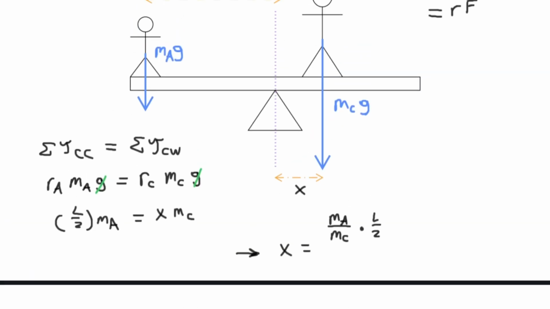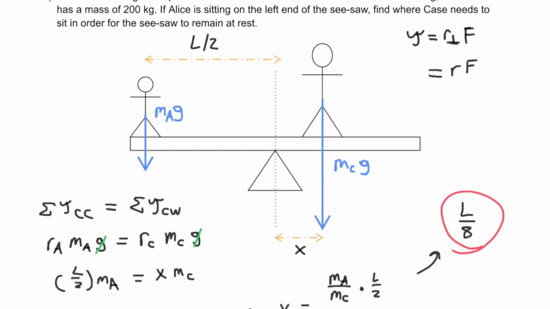And given the fact that Alice is 50 kilograms and Case is 200, this fraction is a quarter. So the answer is L over 8, which in hindsight should make sense.